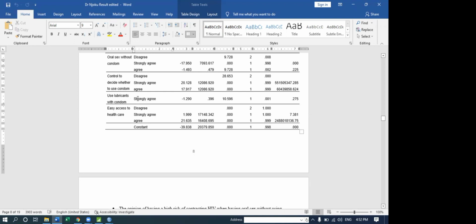Those that strongly agree that they use lubricant with condom are 27.5% more likely to test positive to HIV/AIDS when compared to those that disagree. So the key word there is more likely. And why is it more likely? Because it's 1.275 and the percentage is 27.5.